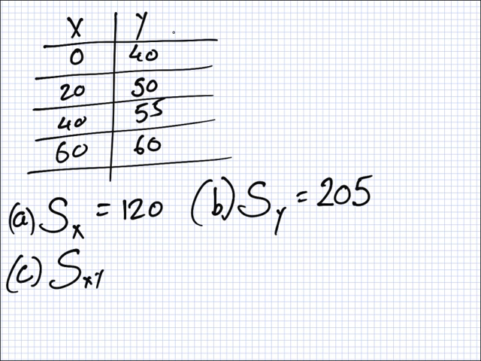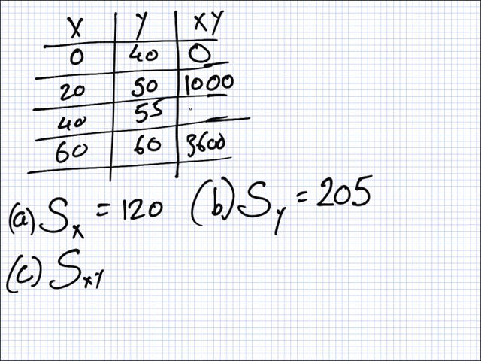Alright, so now it might be helpful to make a new column here, right? xy. So that would be 0, 1000, isn't it? The next one? Oh yeah, 7,800. Add these up? 6,800. What's wrong?